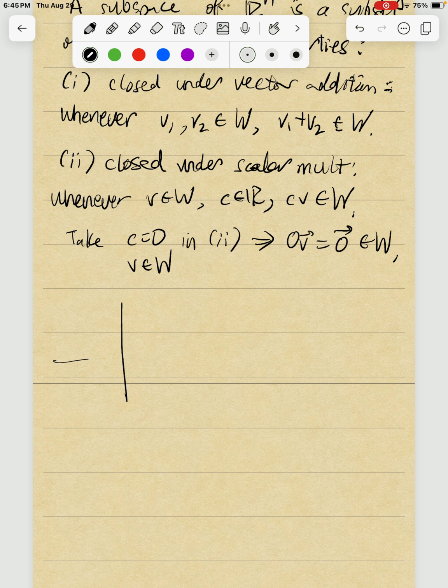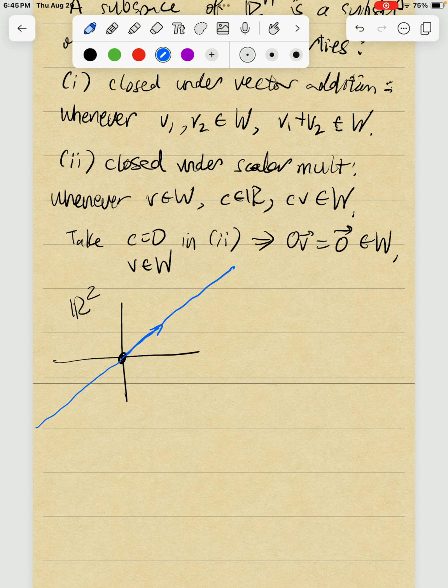And so for instance in R2, what do the subspaces look like? Well, it has to contain the origin, we talked about that. And whenever it contains any other vector that's non-zero, by property 2, it has to contain all scalar multiples of this vector. So it means that it has to contain the entire line. Okay, so a subspace of Rn cannot contain a ray. It can't contain something like half of a line.